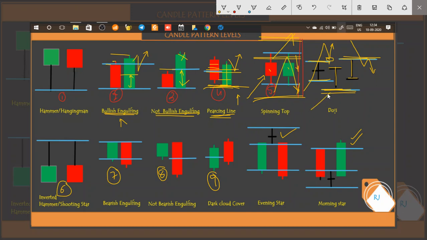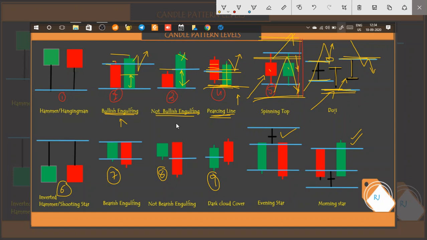So trend following is very important while trading. Always remember that the trend is your friend, and you need to trade in the direction of the trend with confirmation of the resistance from the level.